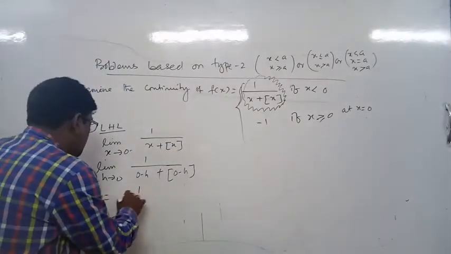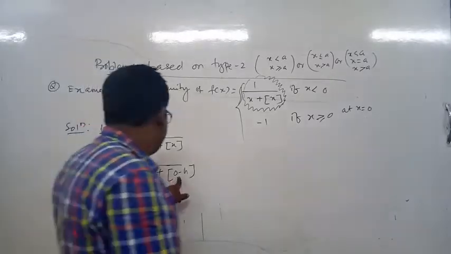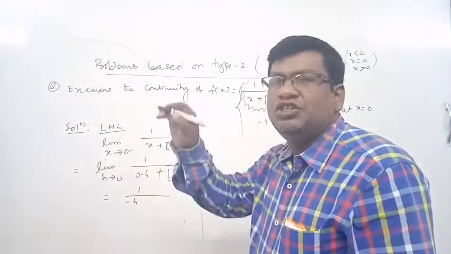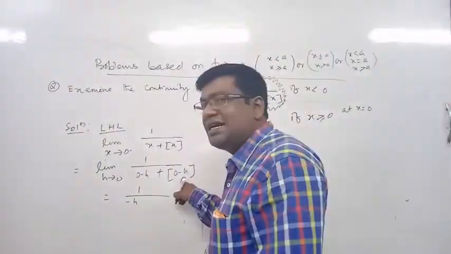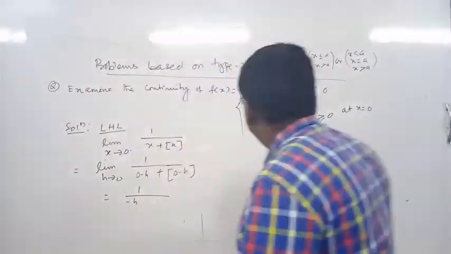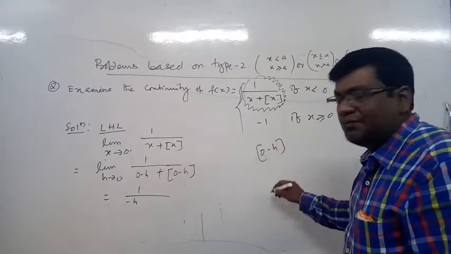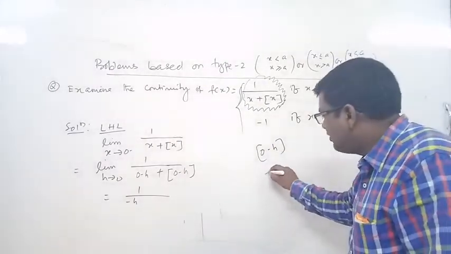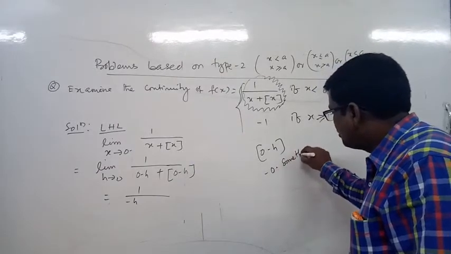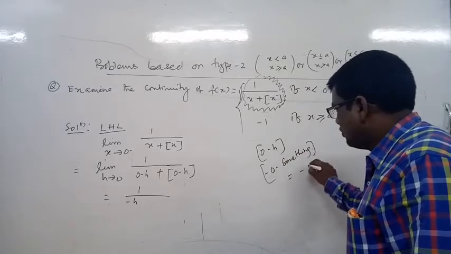So this is equal to 1 by minus h, and what is this? 0 minus h means minus 0 point something. Bracketed 0 minus h means less than 0, means minus 0 point something. Minus 0 point something bracketed is equal to minus 1.